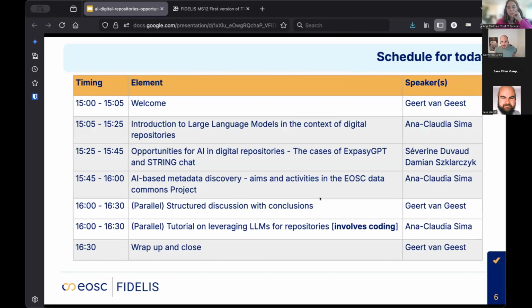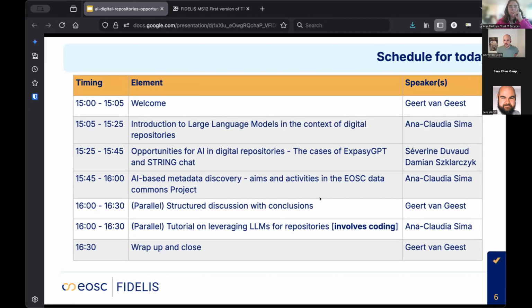So this will be the schedule for today. We have three very interesting speakers. We have first a presentation by Anna Claudia Sima, who is the team lead of the knowledge representation unit at the Swiss Institute of Bioinformatics. They do a lot with, of course, knowledge representation, so knowledge graphs, but also large language models, and apply them to data.